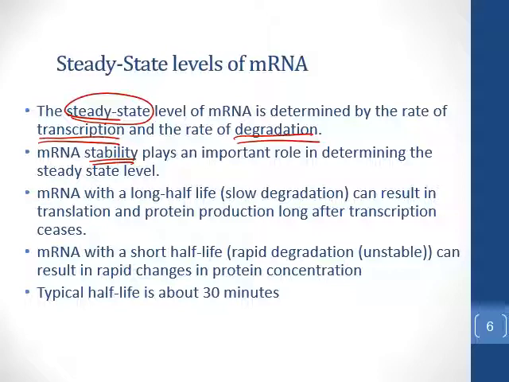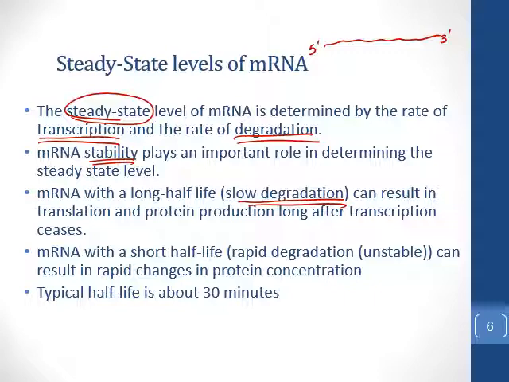If an mRNA is stable, then that means it has a long half-life. It means its degradation is slow. Okay? So let's say we've got this mRNA right here. Let's say it's a really stable mRNA. If it's a stable mRNA, it means it's not going to be degraded, which means it has a long half-life.